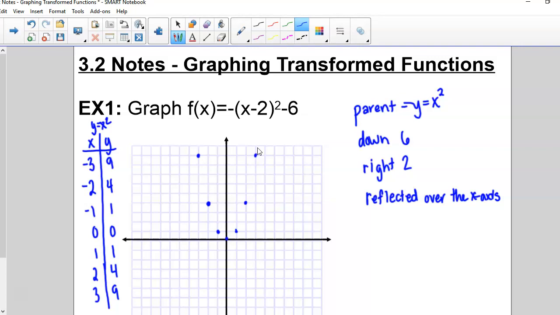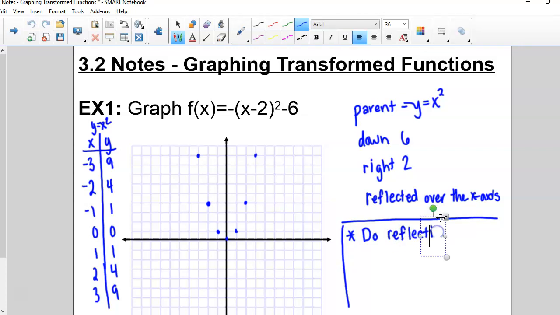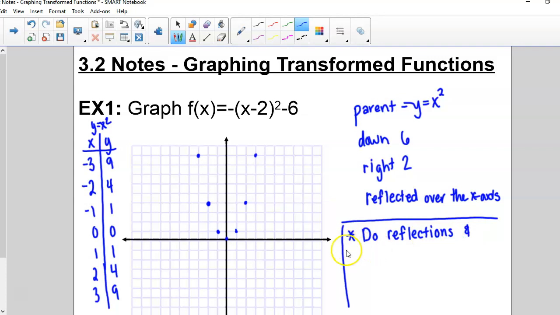Now, whenever you are doing transformations for this, you might want to make yourself a little note here. You must do reflections and expansions or compressions first.